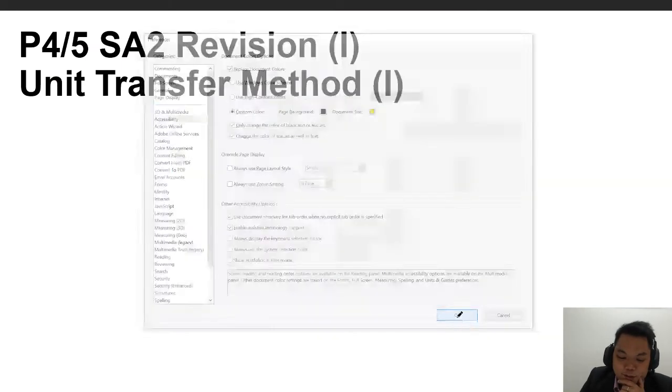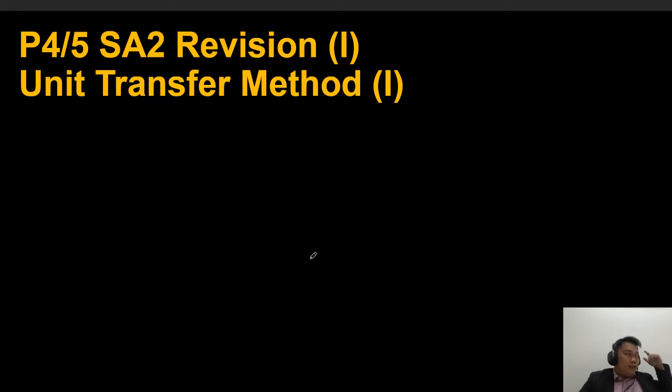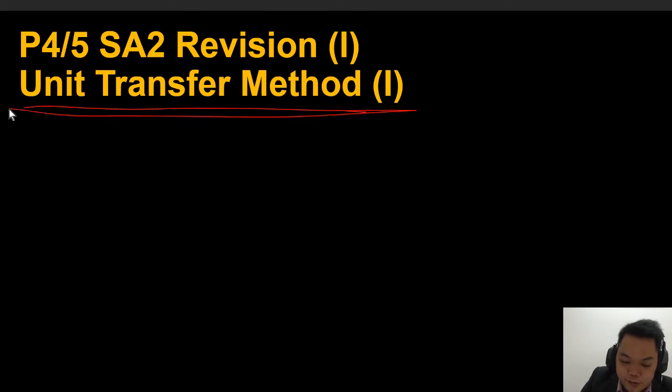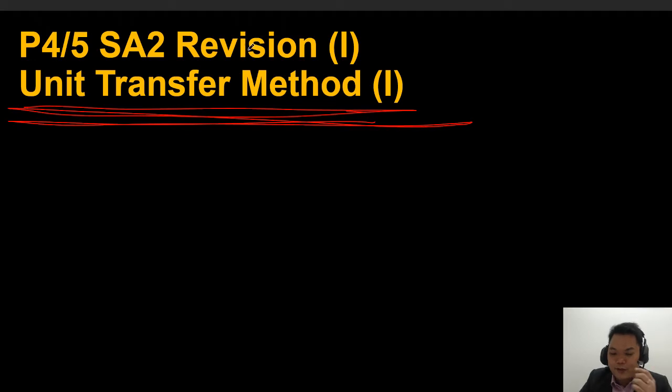Okay, so let me change back to dark mode. So today's session will be based on the unit transfer method for P4 and P5 SA2 revision. Now for the P6s, why am I not conducting another Facebook Live?